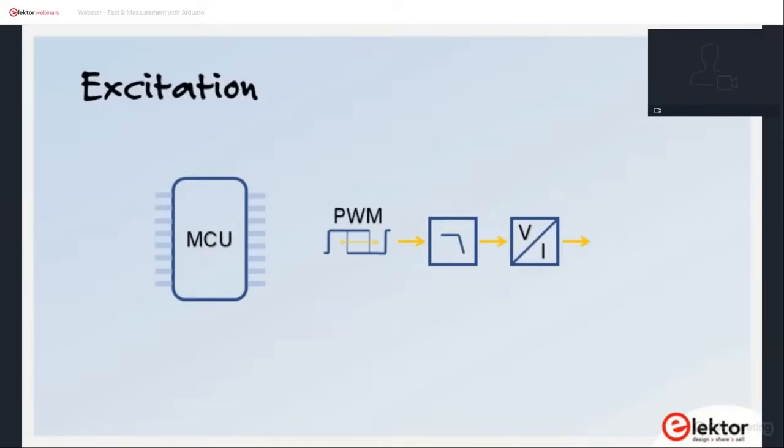Some microcontrollers possess a digital to analog converter, which can be used to generate excitation signals. If they don't have a digital to analog converter, then they can generate a time-based signal like PWM instead, as these signals can be turned into voltages and currents. These can then be used to power or bias a circuit or a component.